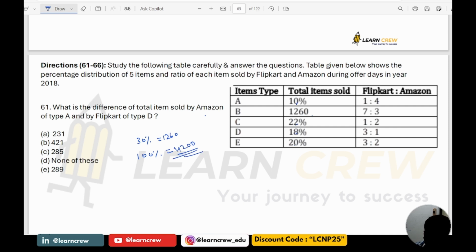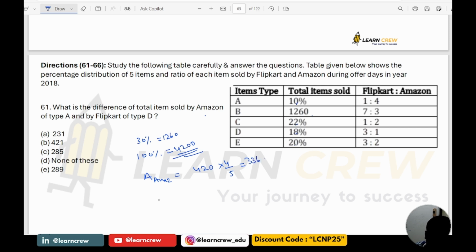So here 4200 is the total items sold. And Amazon would be how much? Amazon would be out of 4200, 10%, 420. In this 4 by 5, which is how much? It is 336.